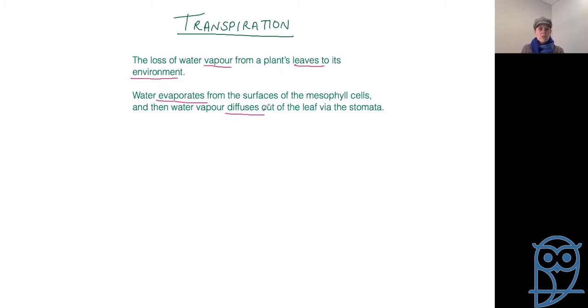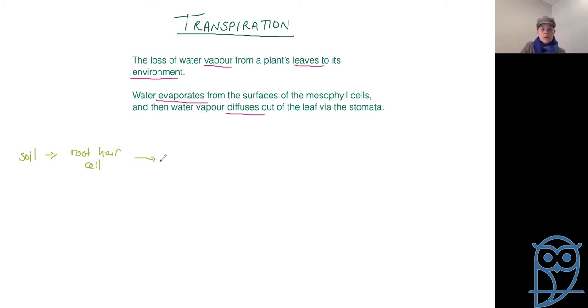But now we just talked about the fact that water comes into the plant from the roots. So what we're going to do is it's actually one big connected system, and that's why it works. So if we go all the way back to the very beginning of this, the water is in the soil. The water then moves from the soil into the root hair cell, and that is our osmosis, okay, because we're going across the membrane from the soil into the root hair cell.